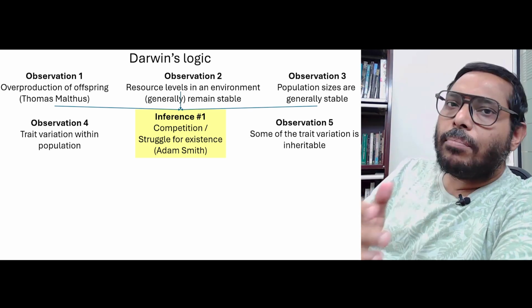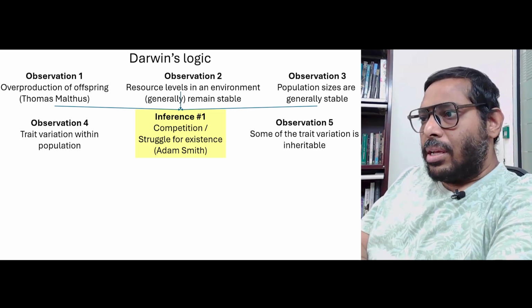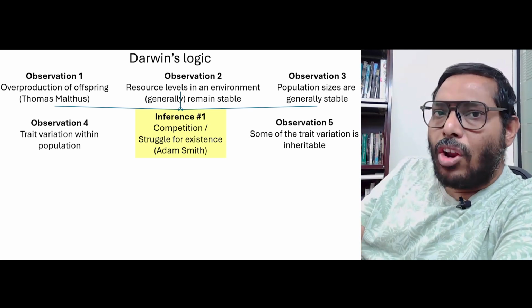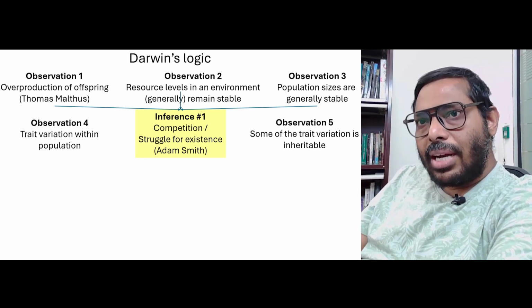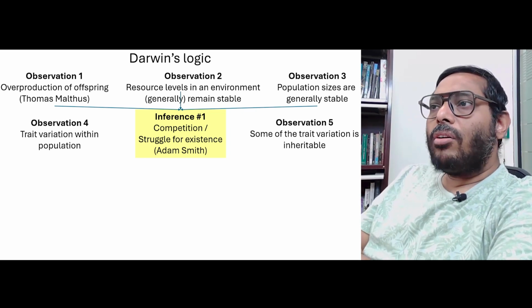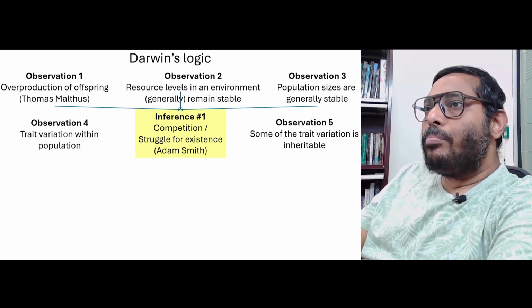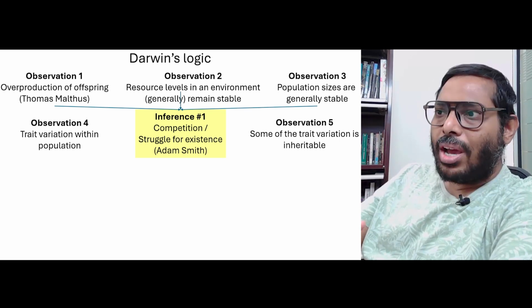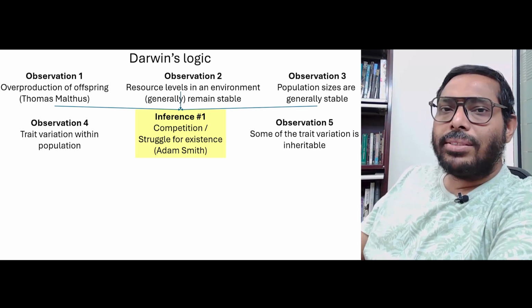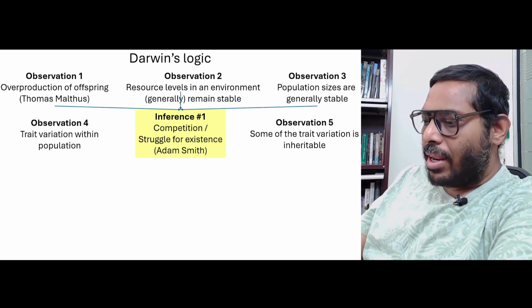Now, if they have a greater probability of escaping the predators, their probability of living slightly longer is greater, and of course, if their probability of living longer is greater, then their probability of being able to pass on the long leg character to their babies also goes up, right.